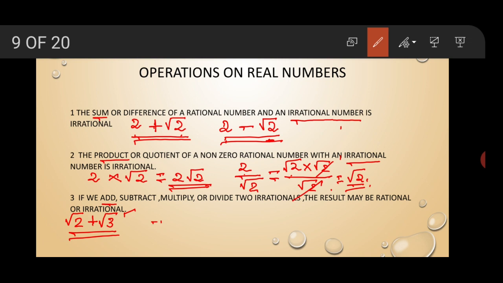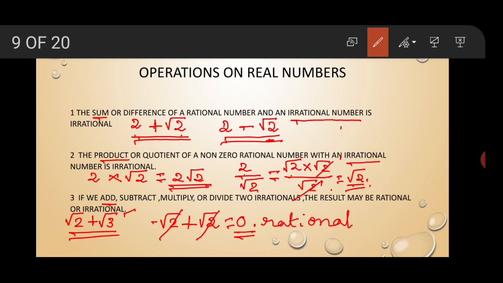Or we take one more example. I will take it in this way. Let minus square root of 2 be one irrational number, and take one more irrational number, plus root 2. Now their sum is equal to what? Minus square root of 2 plus square root of 2 gets cancelled, and it is equal to 0. Now what about 0? Is 0 a rational or irrational number?